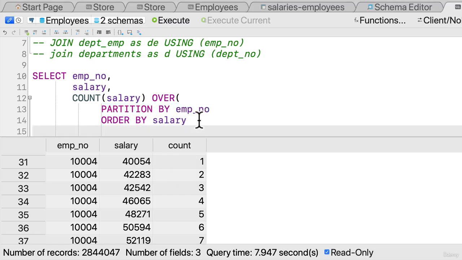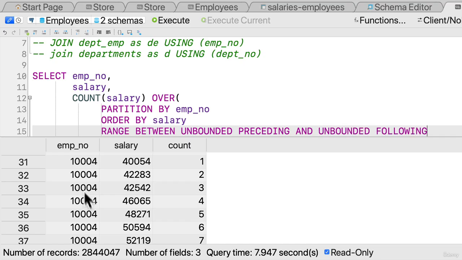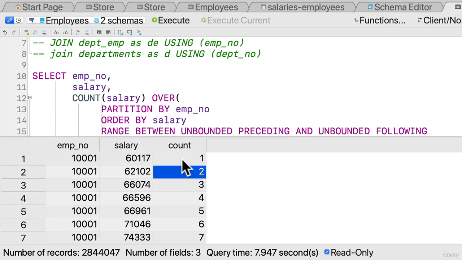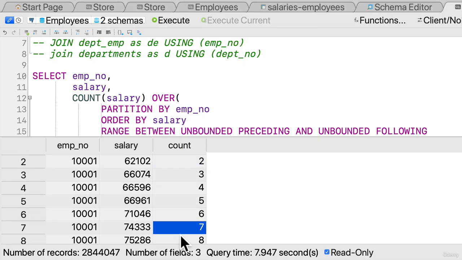Well, we can do that, and we can say range between. And then we can say, okay, take the range that I have, these employee numbers, but range it between unbounded preceding and unbounded following. So instead of taking into account all of the previous ones and the current one, take everything into account before and after.